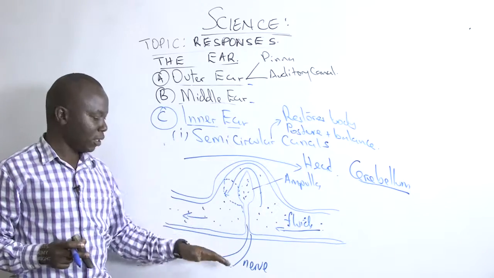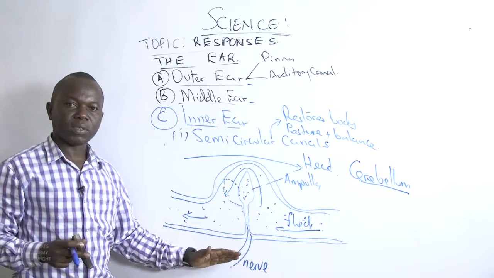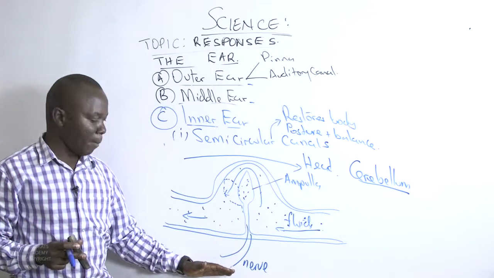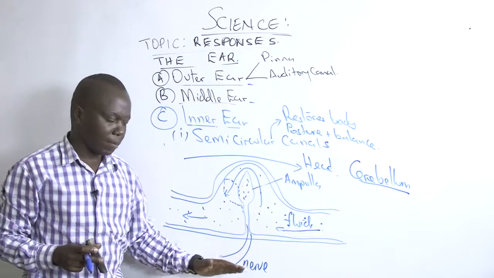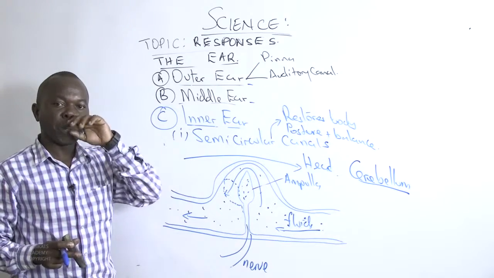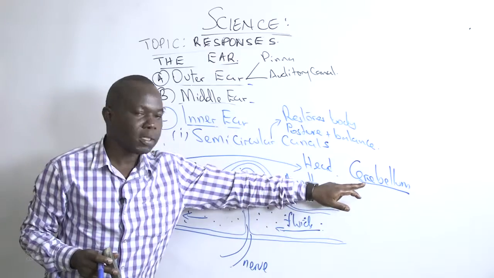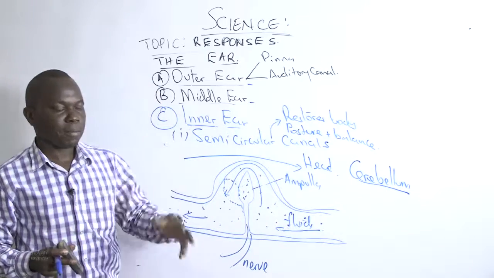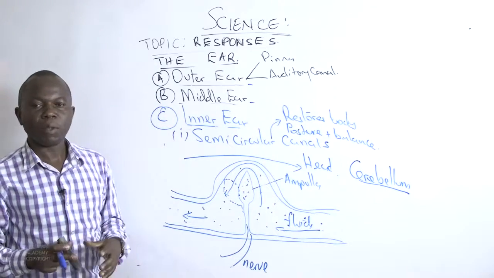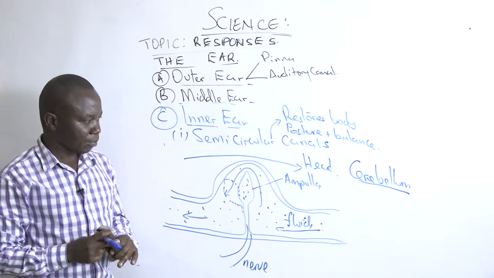In the process, a nerve impulse is generated, which travels to a specific part of the brain, the cerebellum, and the body balance and posture will be restored.